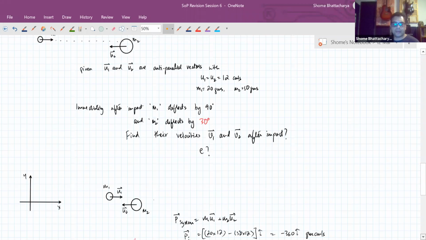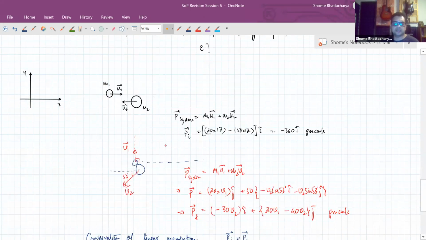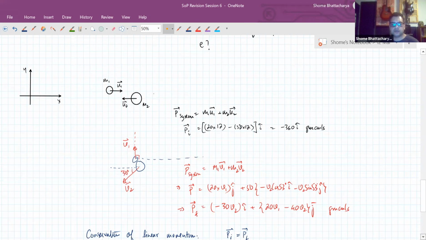Given that the mass of M2 is 2.5 times the mass of M1, it's not likely that M2 will deflect by an angle as large as 53 degrees. So we'll take the angle to be smaller, 30 degrees, and let's check out the result now.